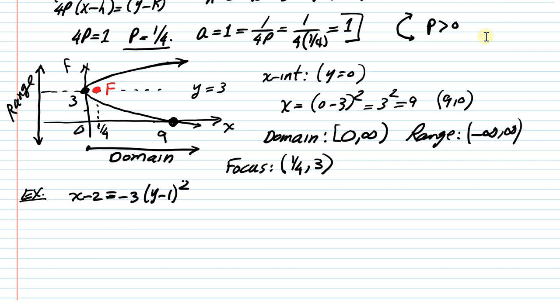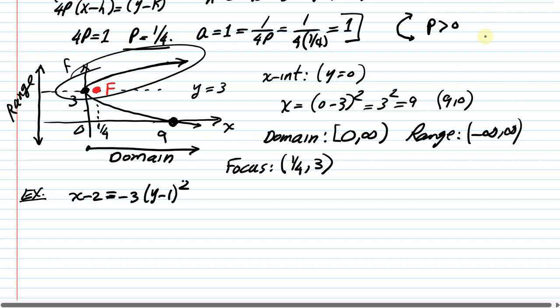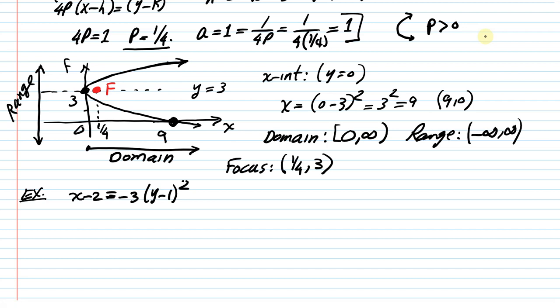So the things that require a function, the prerequisite, the things we do that require we have a function, do not apply to the natural horizontal parabolas unless somehow we restrict them. Like, for example, look at the range from 3 to infinity only. Let's say just look at that part of it. Or let's look at something that's from negative infinity to 3. Let's look at the lower branch only. Together, we cannot look at both of them. That's if you want to force them to become a function, partially.